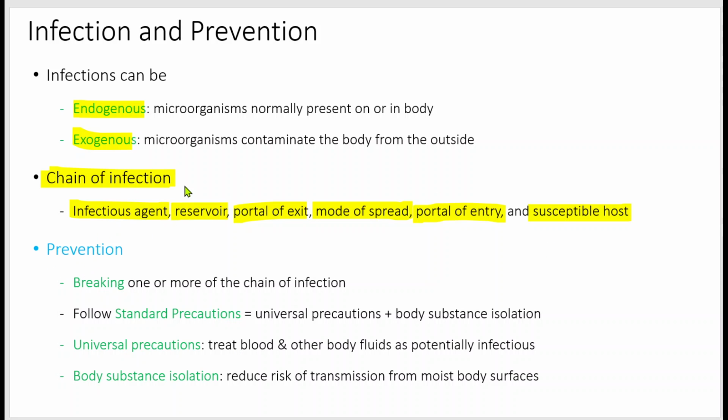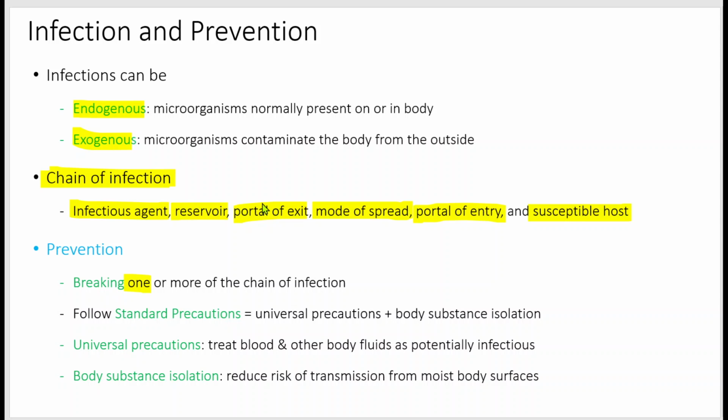That's what we call the chain of infection. If you break one link of that chain, you can prevent the infection. That's why we need to wash our hands, to stop the mode of spread. Or we can wear masks to stop the portal of exit, so that the virus would not exit our body.